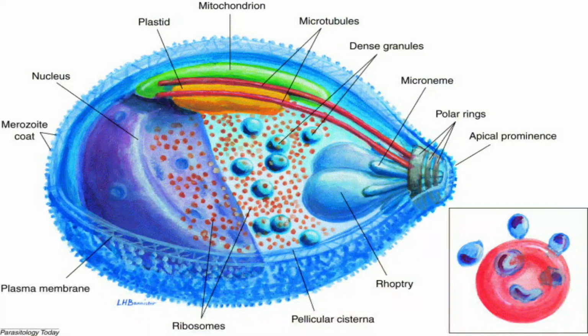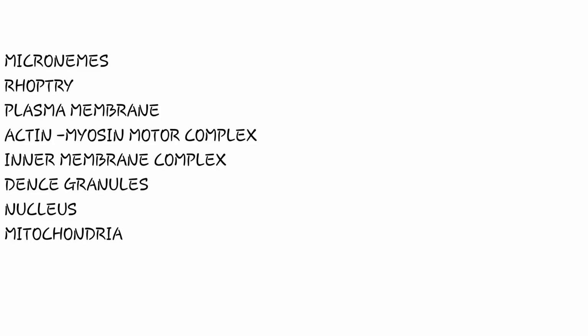These are the main things which we'll be discussing much, because they are the ones which aid the movement of this Plasmodium falciparum, either in invading these RBCs. So as I said, they consist of micronemes, Rhoptry, plasma membrane, actin myosin motor complex, and inner membrane complex.